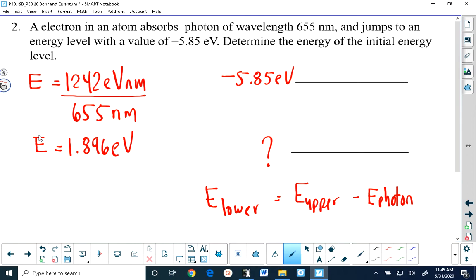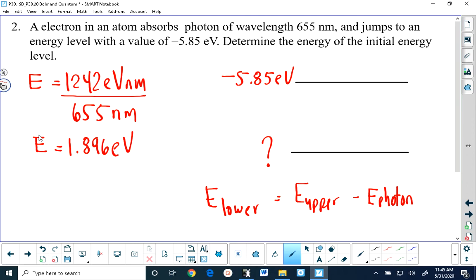If you want to find the upper energy level, then you take the lower energy level and add the energy of the photon. So to find a level that's higher, you add the photon energy, and in this case, we're finding an energy that's lower, so you subtract the photon energy.